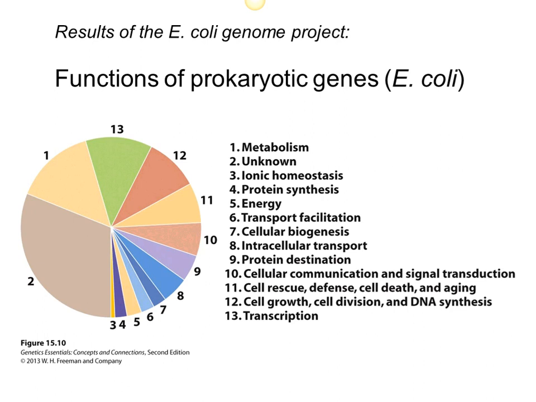Now looking at the results of the E. coli genome project, they've been able to computer-predict what genes are there, based on genes we've already discovered and sequences extremely similar to them, and then classify them into some broad categories. What you'll notice is a pretty large category, number 2, which is function unknown.